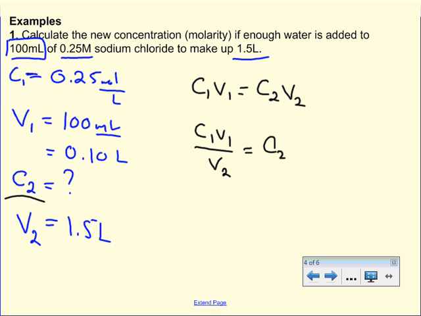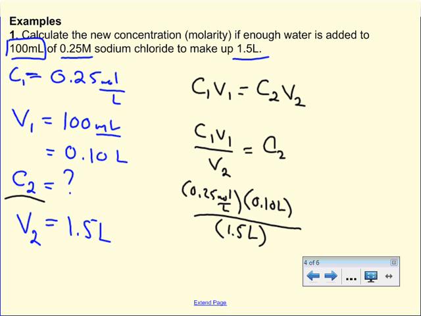And I'm just going to plug in my numbers. So C1, 0.25 moles per liter. V1, 0.10 liters. V2, 1.5 liters. That gives me my C2 value.